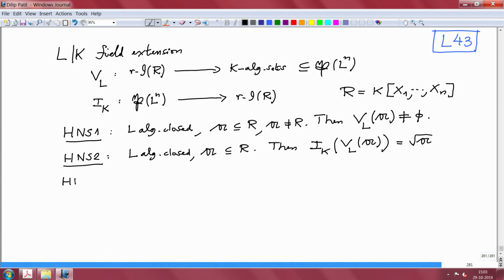And HNS3, this is a completely algebraic formulation, it has nothing to do with these maps.